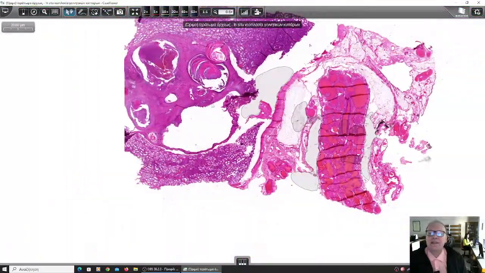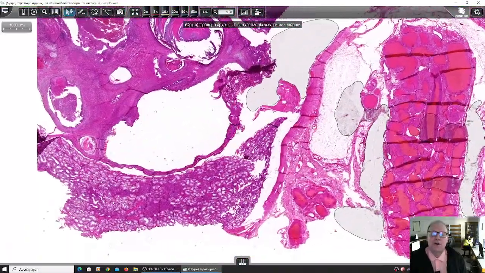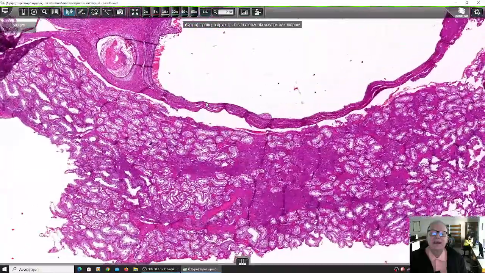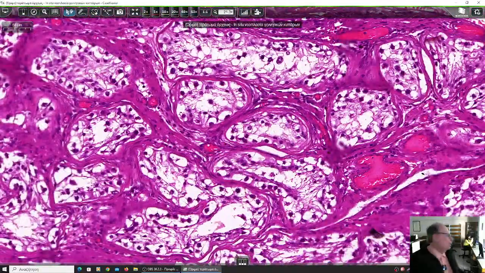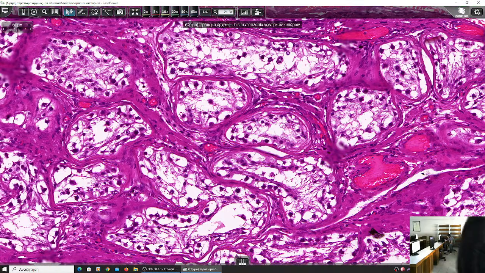However, in the testis, not the ovary, in the testis, teratoma is always malignant, because as we can see in this case, there are some malignant cells in the tumor-adjacent seminiferous tubules.